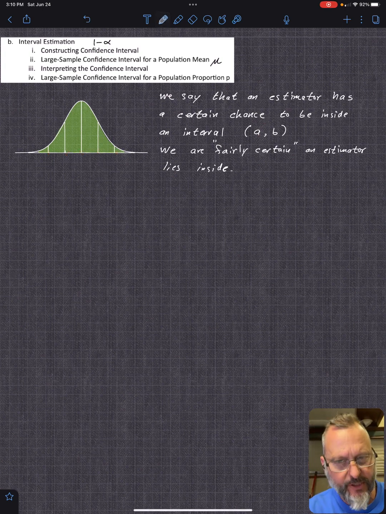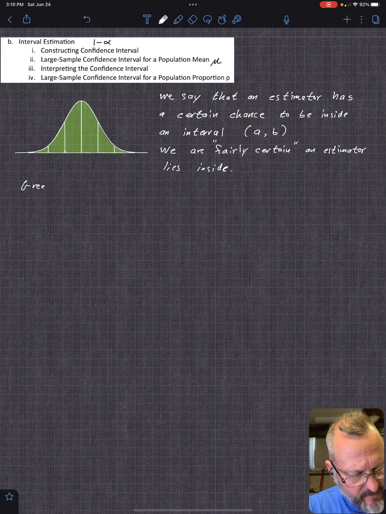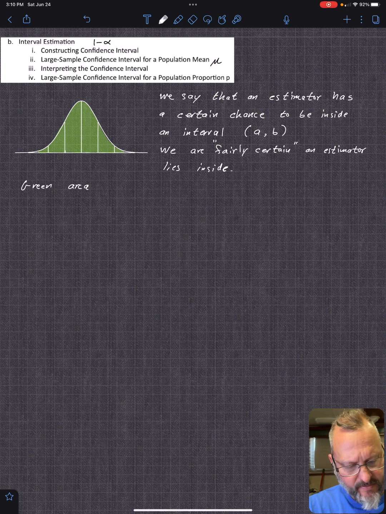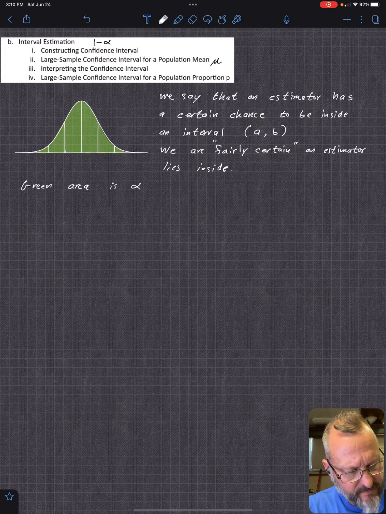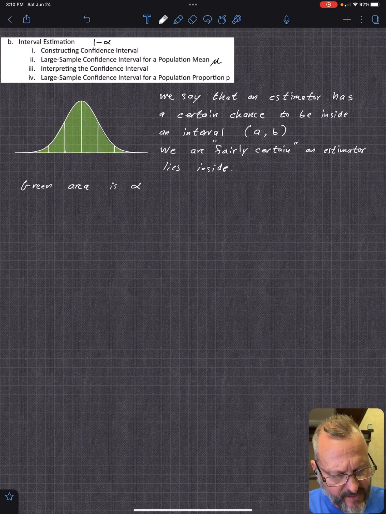So in general, the green area is alpha. So consider that the green area is alpha.